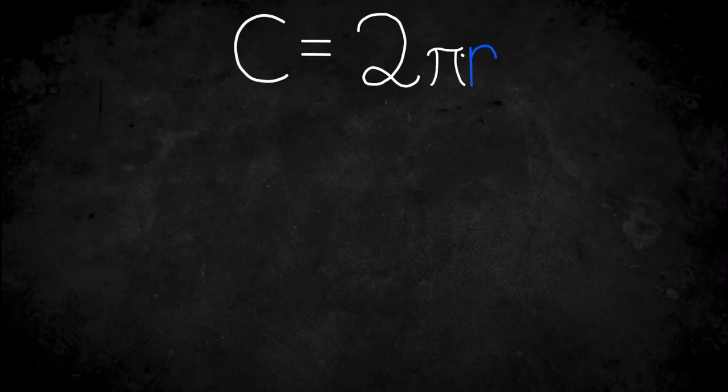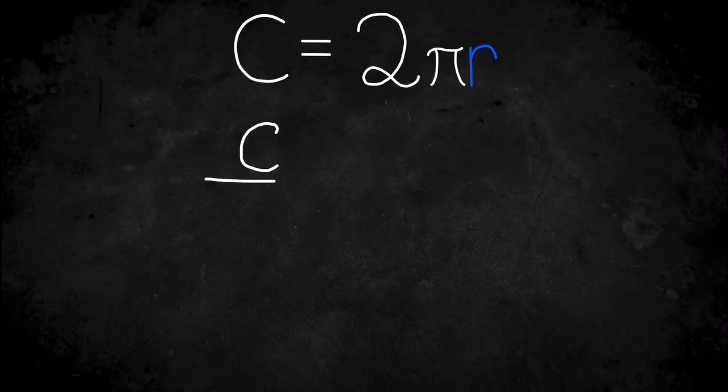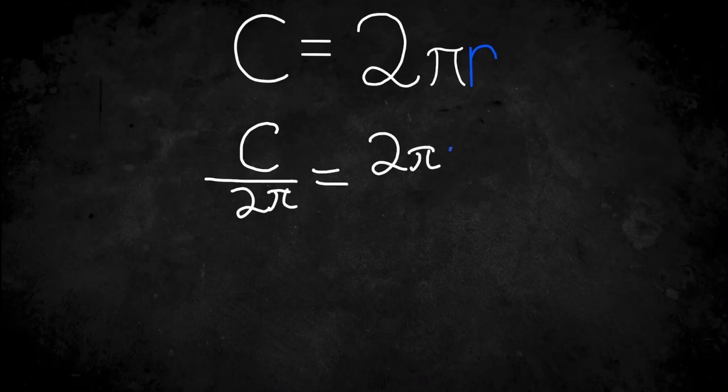So we have C over 2 pi equals 2 pi r over 2 pi.